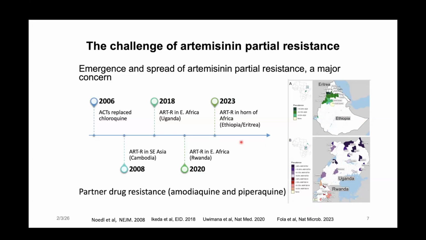And if you look deeper, they have now spread into other areas. I think in Tanzania, they've also now published this, and the Democratic Republic of Congo. So it's a problem that is growing in sub-Saharan Africa, particularly, I would say, the Great Lakes region and the Horn of Africa.